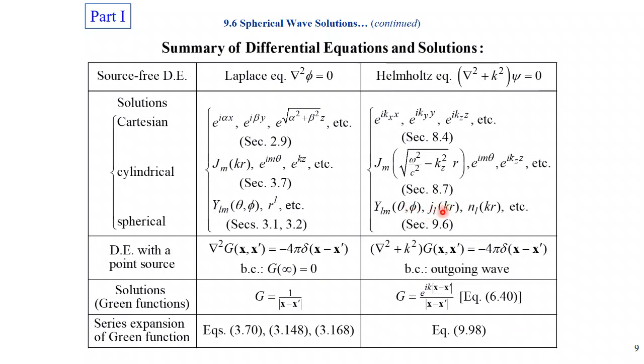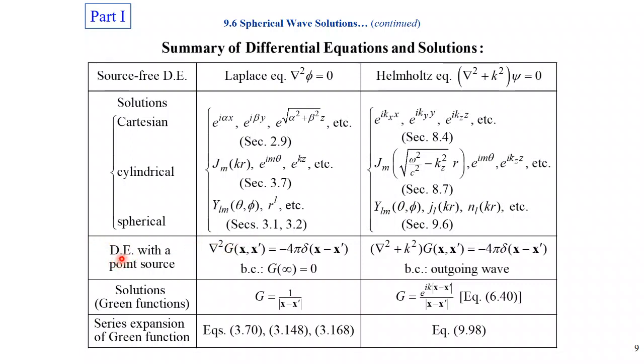We have the Bessel function of the first kind and of the second kind, j_l(kr) and n_l(kr). We learned this part in section 9.6. Okay, that's the first one.